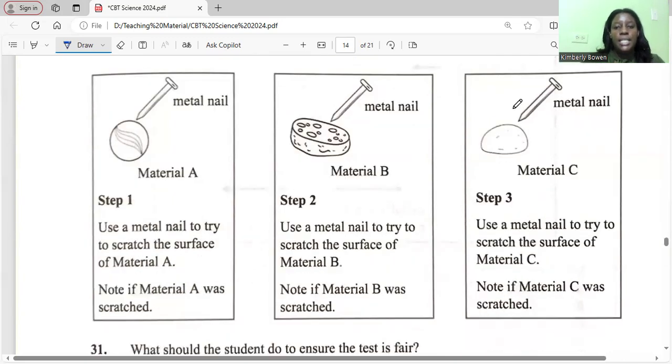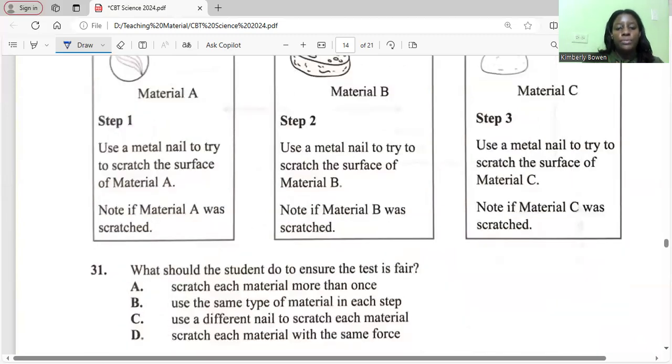We're seeing the metal nail there, and we see materials A, B, C, and the steps are the same. Use the metal nail to try to scratch the surface of material A. It's just the materials being changed for each step. And note if material A was scratched.